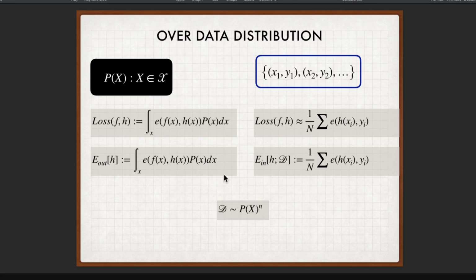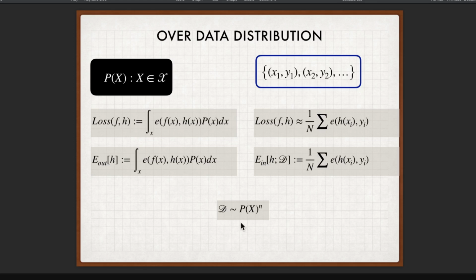The ultimate goal of learning is to optimize over a hypothesis family. We want to find some H that minimizes the out-of-sample error, E out. But we only have access to the in-sample error, E in. And the hope is these two kinds of errors are linked to each other.